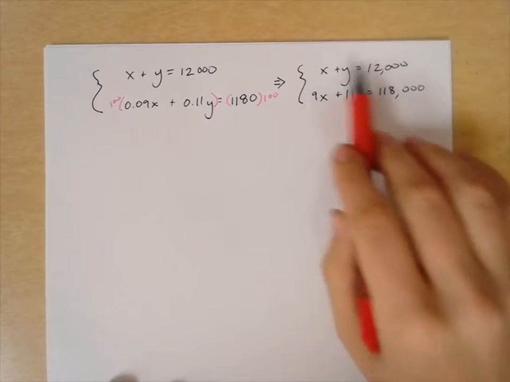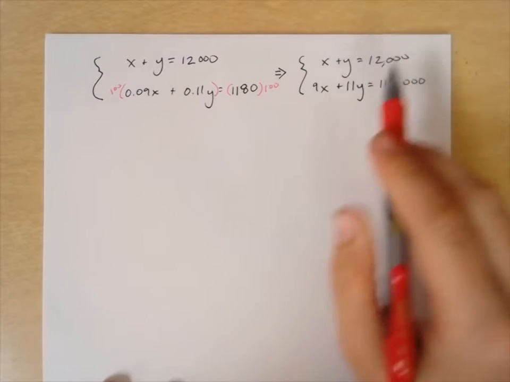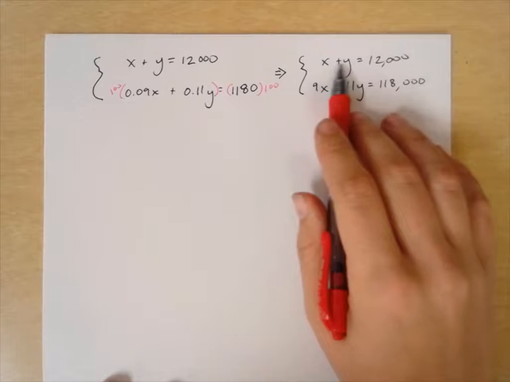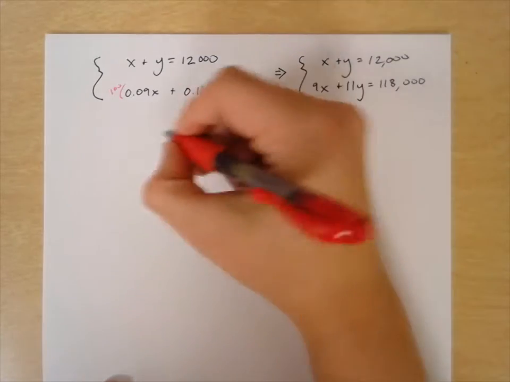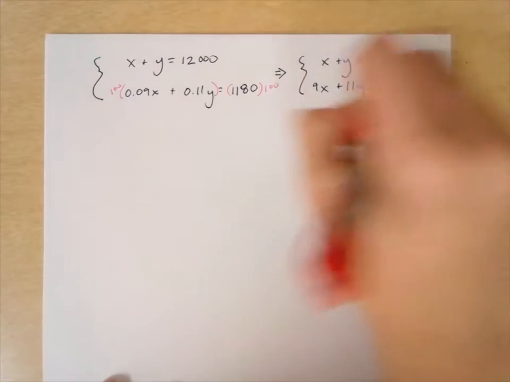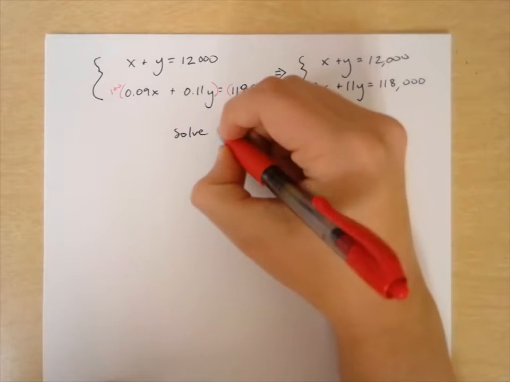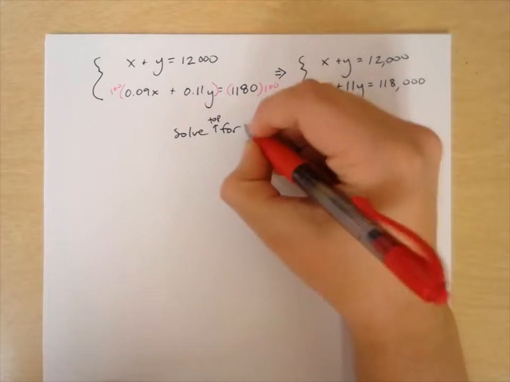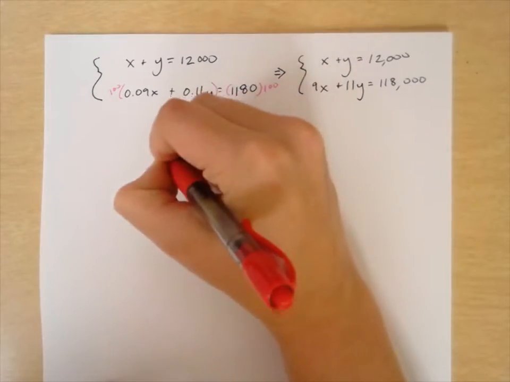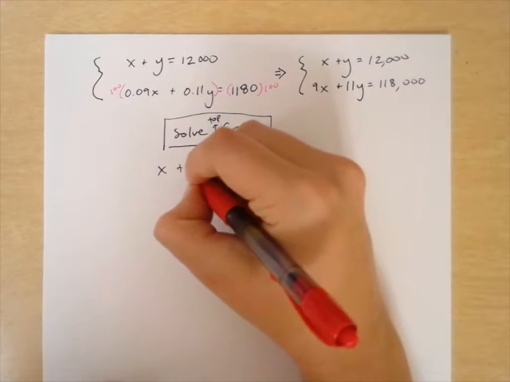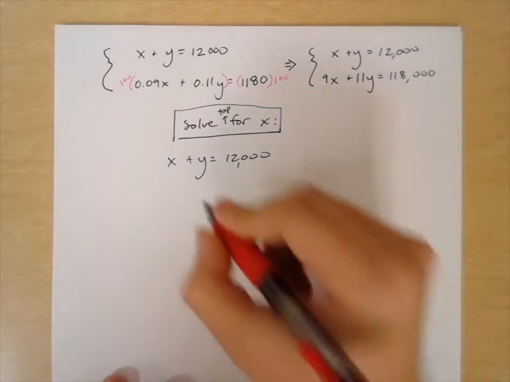Now you can just look at this and see that we've almost got a variable isolated in that top equation. So let's take that top equation and solve the top for x. I'm going to write that step in a box so we understand what happened here. I'm going to take the top equation, x plus y equals 12,000, and subtract y on both sides.